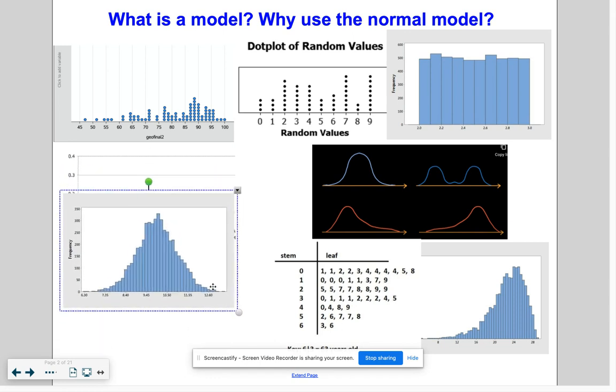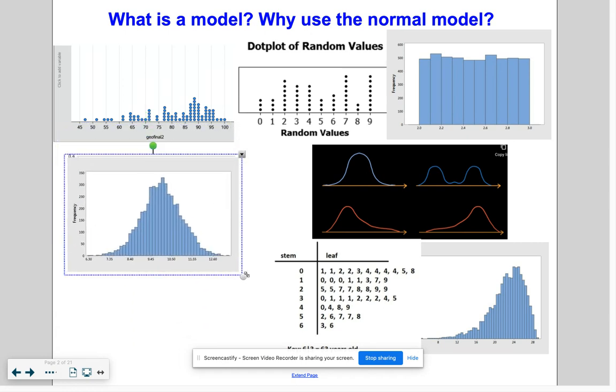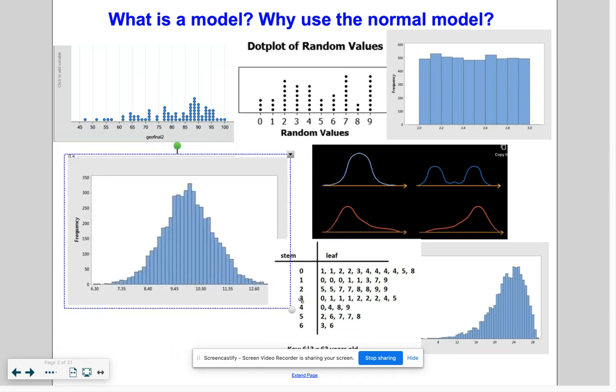Now, before we do that, you have to realize that you don't have to have a normal model to get probabilities. In fact, a lot of times we don't. A lot of times you're going to have a histogram like this. I'll try to blow this up again, and we can look at it, where I could count how many people or how many things are in each of these categories or bins and add them up and say, well, from here to here, I have, I'm guessing here, like 375 people in that category.